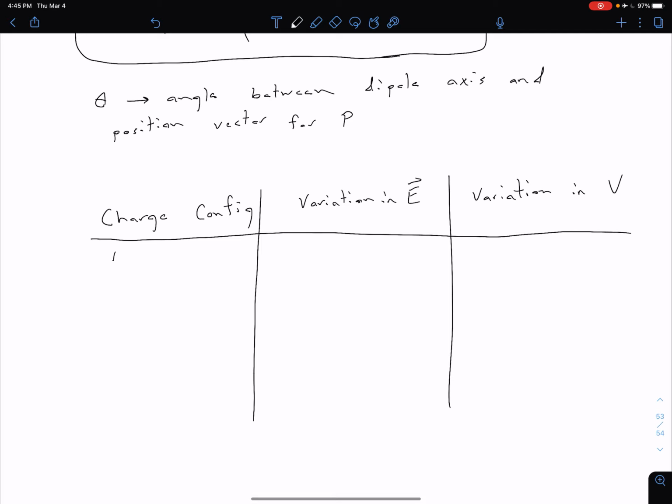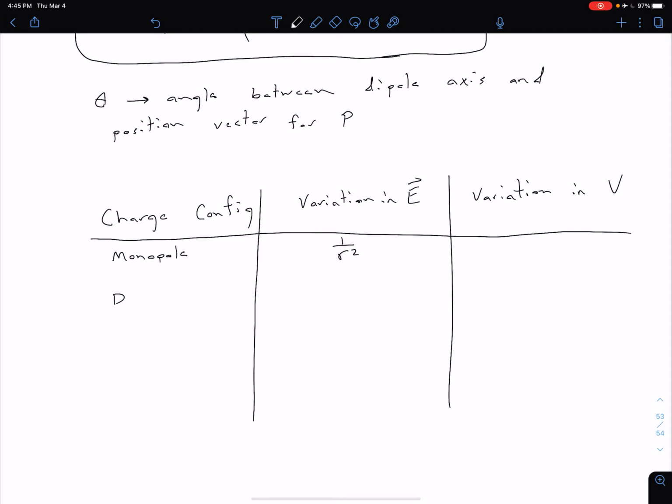First we can consider a monopole, which is just a point charge. From Coulomb's law, or even from Gauss's law, we looked at the electric monopole, or point charge, and we said that our E varies as 1 over r squared.